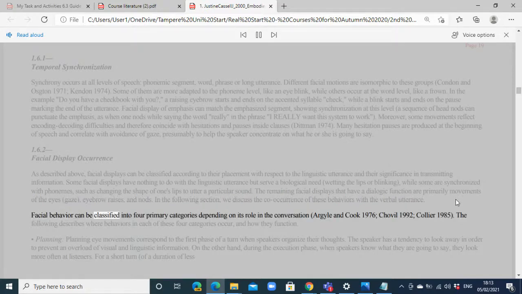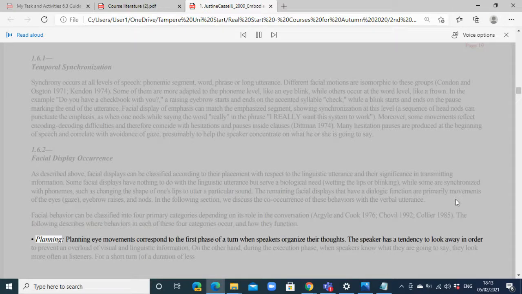Facial behavior can be classified into 4 primary categories depending on its role in the conversation (Argyle and Cook 1976, Chovil 1992, Collier 1985). The following describes where behaviors in each of these 4 categories occur, and how they function. Planning.